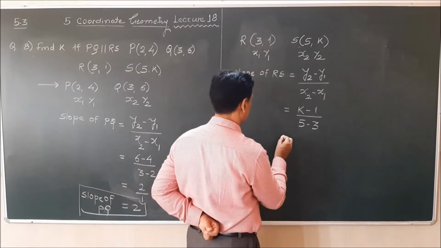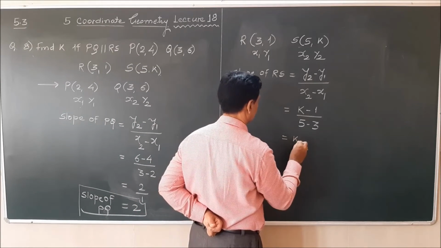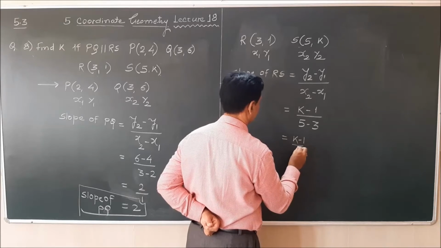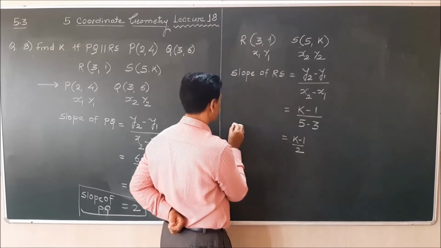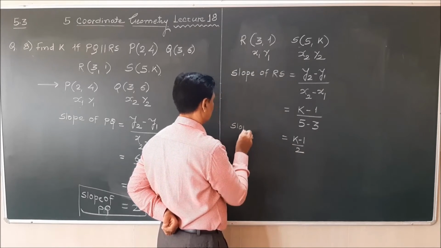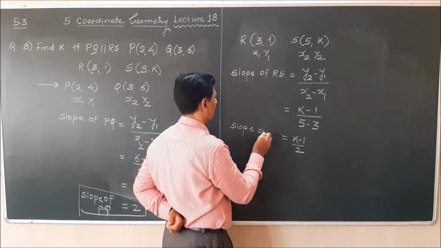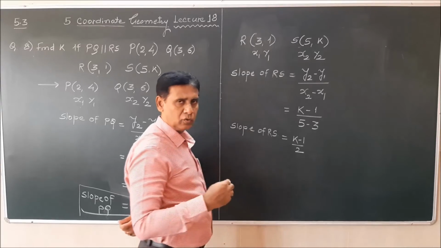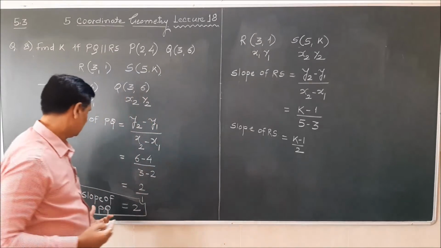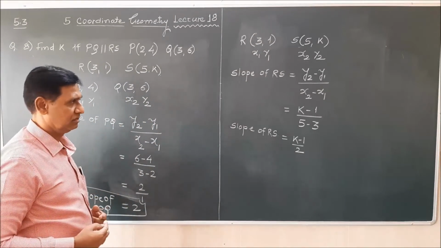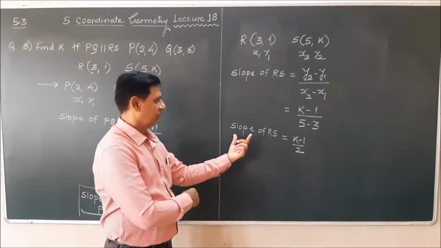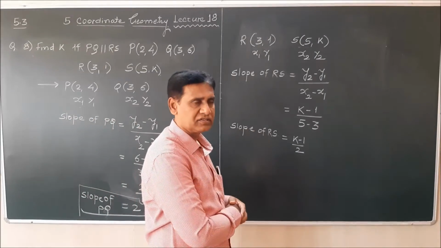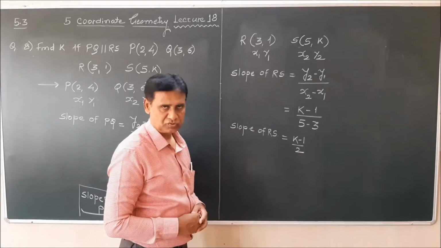So you will find here k minus 1 upon 5 minus 3, which is 2. This is what slope of RS is. We already know slope of PQ as 2. Now in this case, we obtain the slope of RS as k minus 1 upon 2.